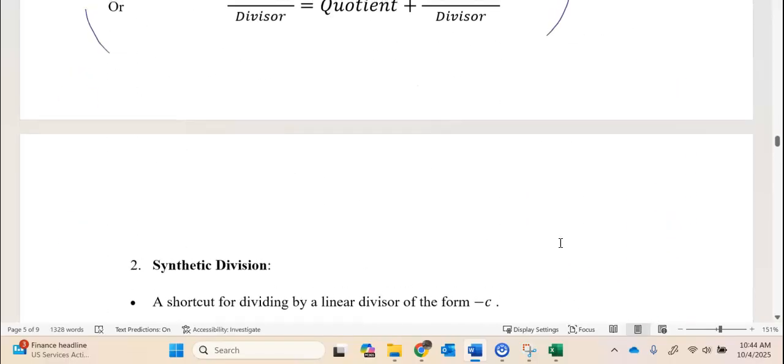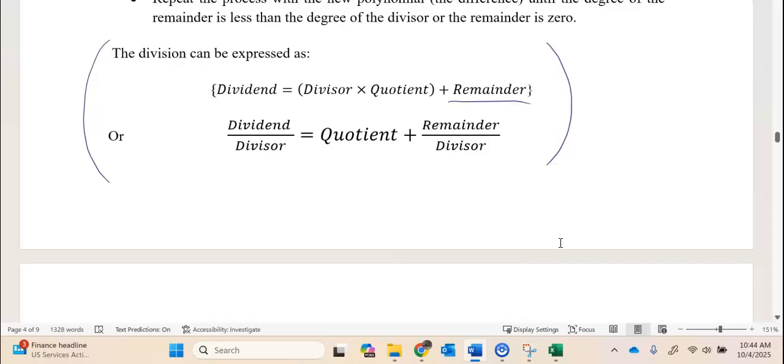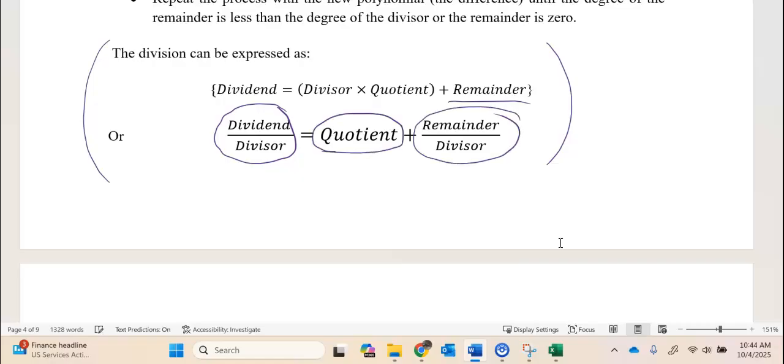Back to this little definition right here. If I divide something with a divisor, I get the quotient plus the remainder over the divisor. I can do this with polynomial division, but for my example here, what does that look like?